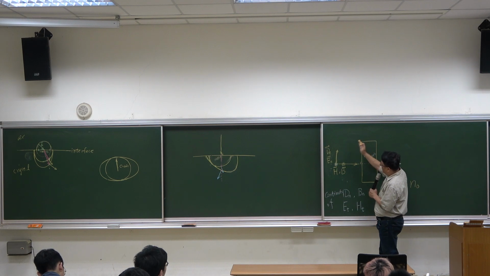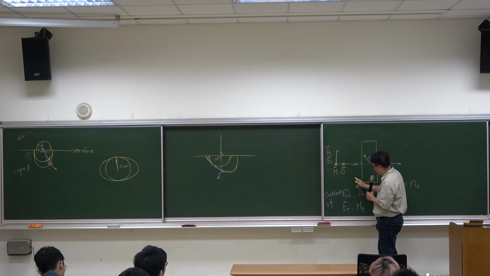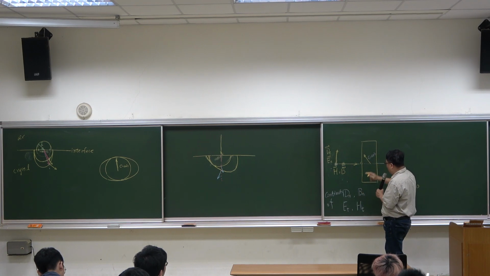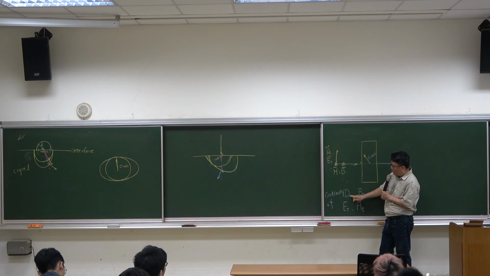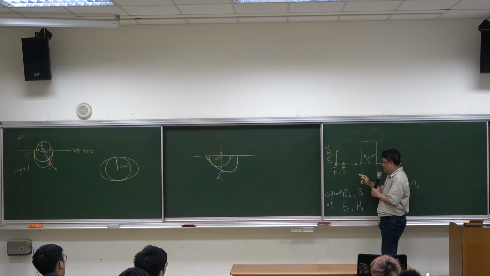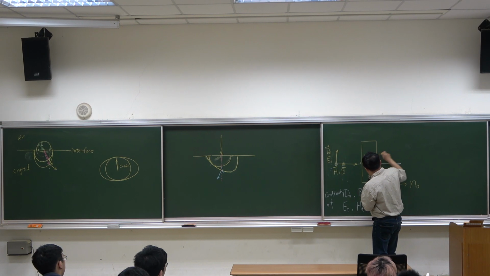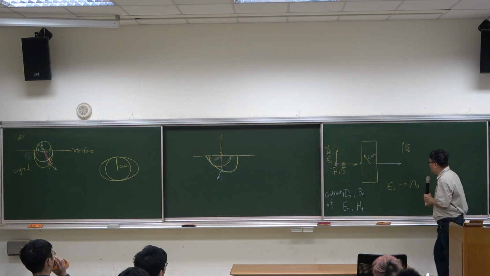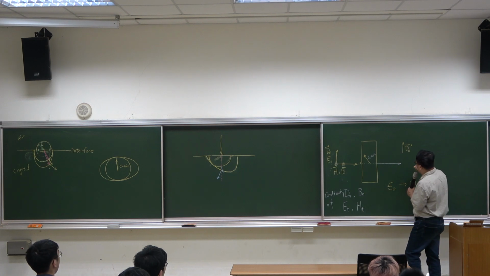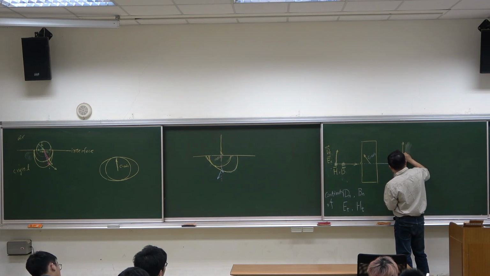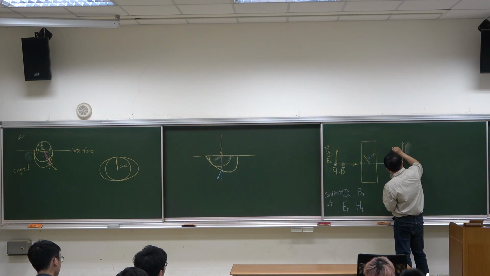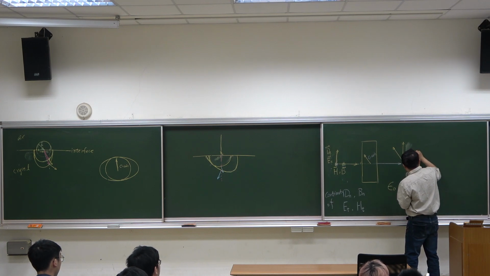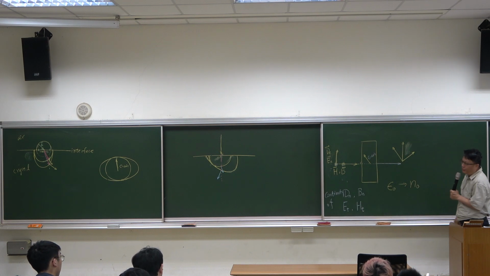Then since now, although in this case we still have B normal equal to 0. So inside this crystal, I get the D vector along this direction. However, this D vector have two possible components.